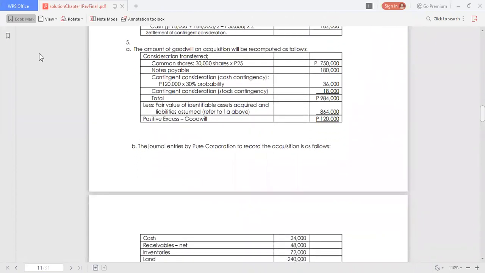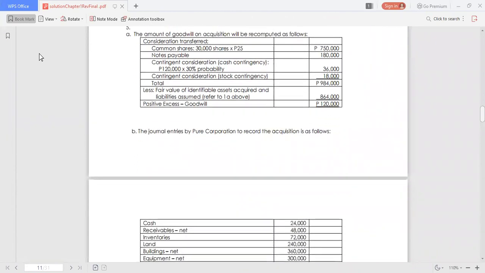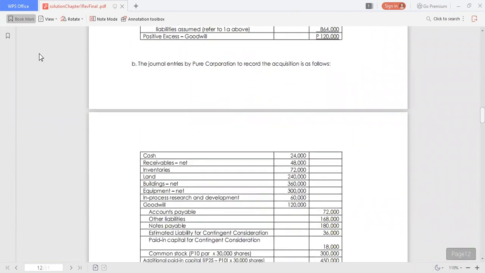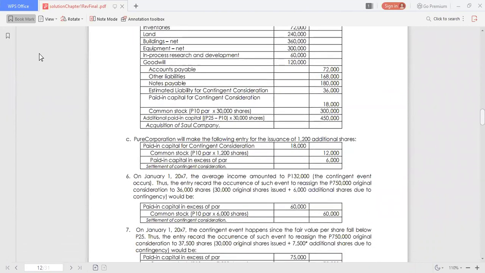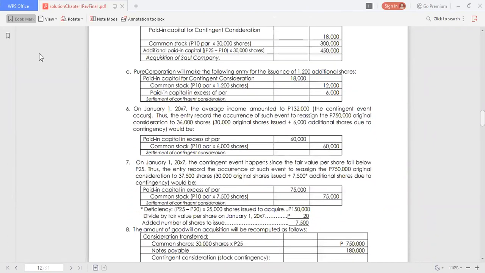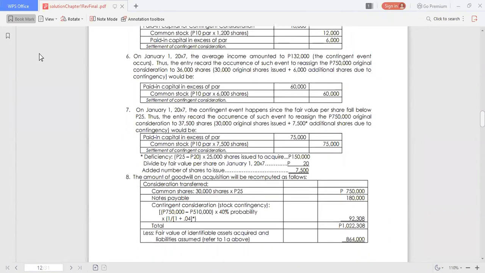So we have now number 5. Okay, I'll just share screen. Please study numbers 5, and the solutions to numbers 6, 7 and 8.